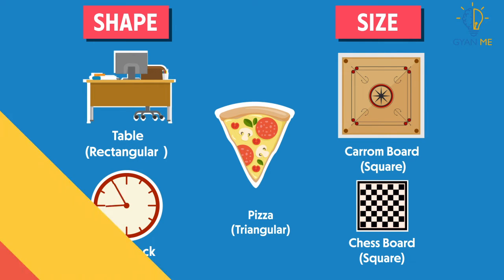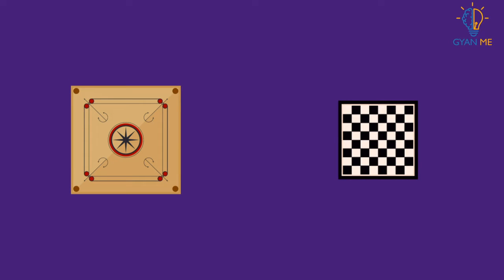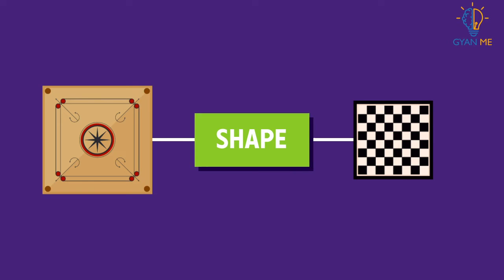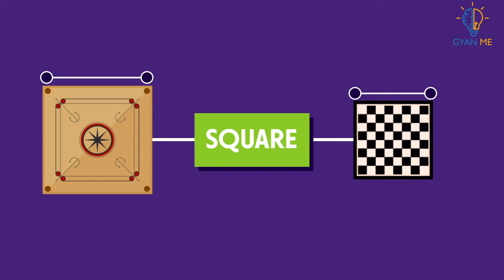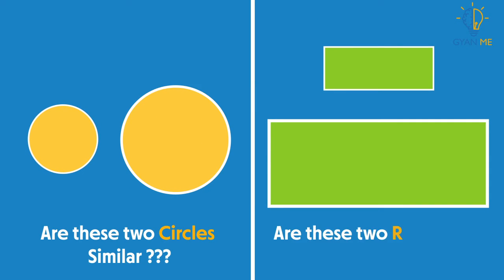Now let us consider the carom board and chessboard. Do they have something in common? Yes, they both have a common shape. That is, both are squares, even though their sizes are different. Now students, observe these shapes. Are these two circles similar? Or are these rectangles similar?